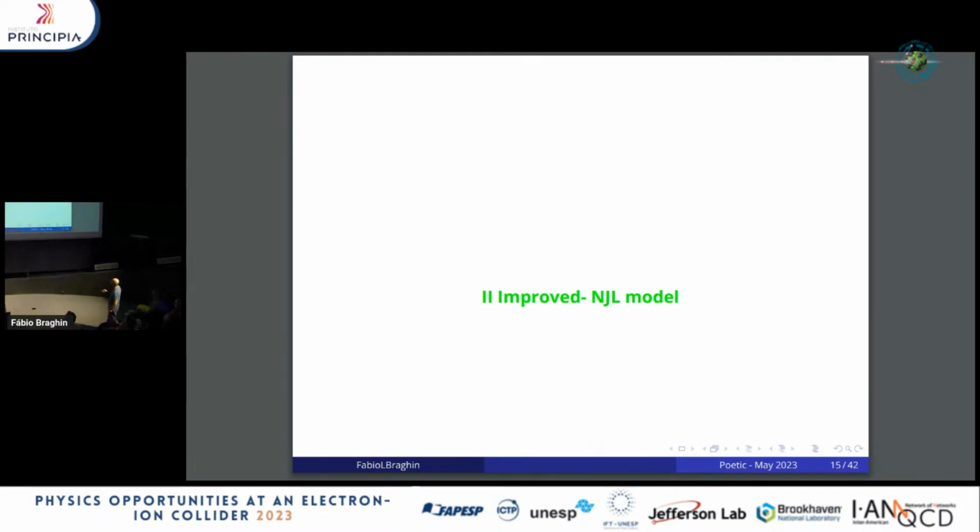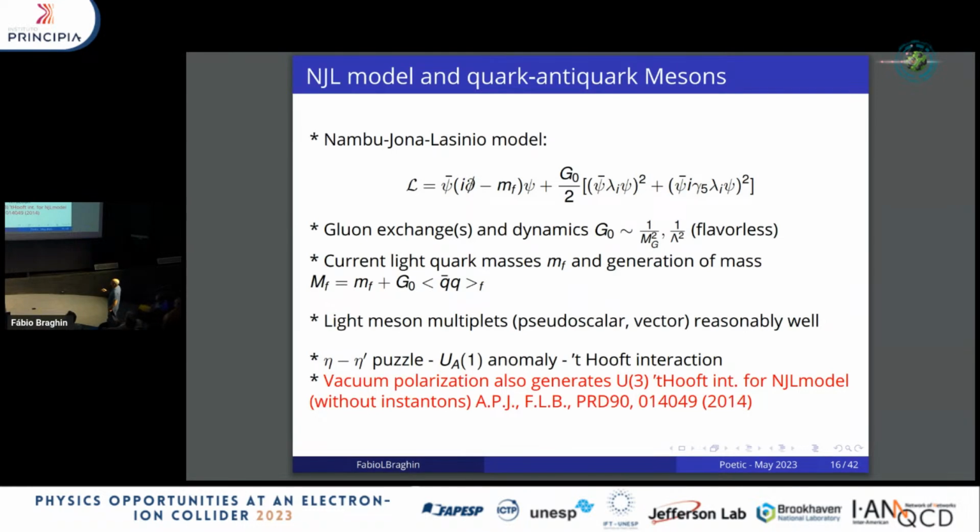So now I'll move to the improved Nambu-Jona-Lasinio Lagrangian. So this is the standard Nambu-Jona-Lasinio Lagrangian. This coupling constant goes like 1 over gluon mass squared, 1 over ultraviolet cutoff squared, and then we have the constituent quark mass generated by the quark-antiquark condensate.